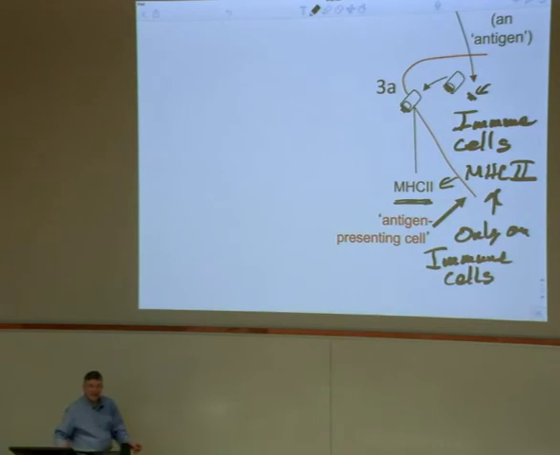So MHC class 1 is a way for all body cells, except for immune cells, to say, I'm infected, or I'm not, and also to say, I'm a self-cell. MHC class 2 is a way for immune system cells to say, look what I found. I got this thing.